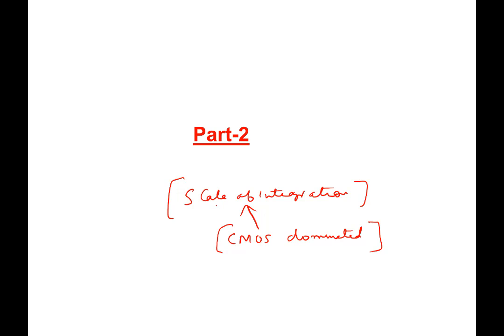Scale of integration is determined, amongst other things, by ease of manufacturing. Bipolar is more difficult to manufacture, being a vertical device. NPN is more difficult to manufacture, more difficult to interconnect and things like that, as compared to a CMOS kind.